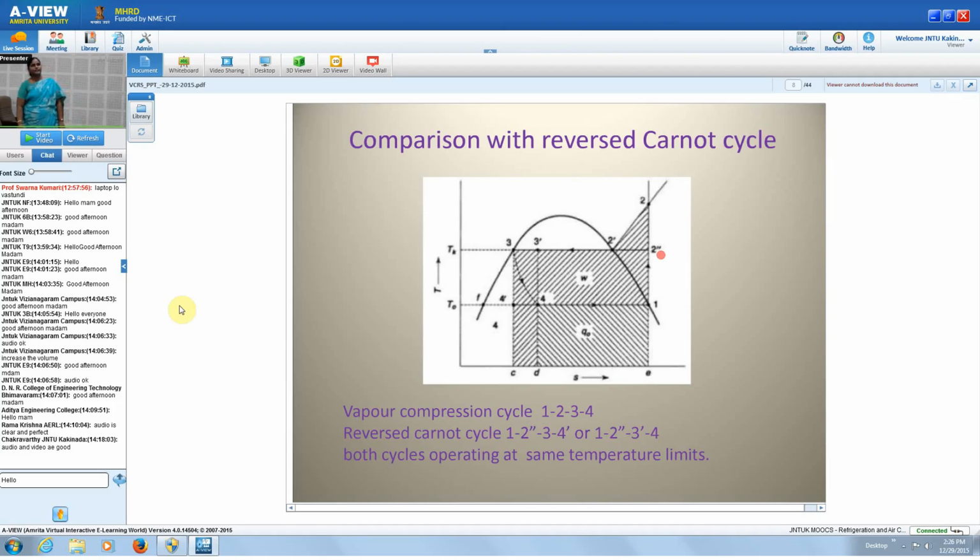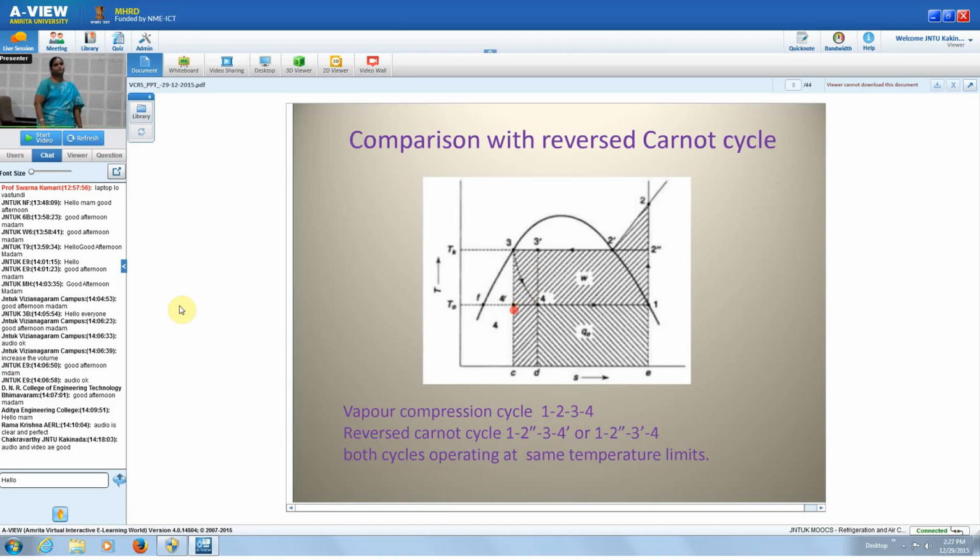The other deviation you can see is, if you take the reversed Carnot cycle as 1, 2 double dash, 3, 4 dash, then 1, 2 double dash, 3, 4 is the vapor compression cycle. So the main deviation here is 3, 4, 4 dash, 3, the lower area.